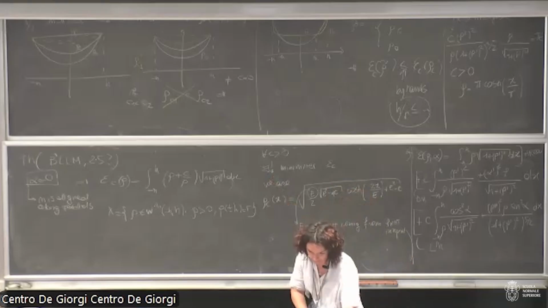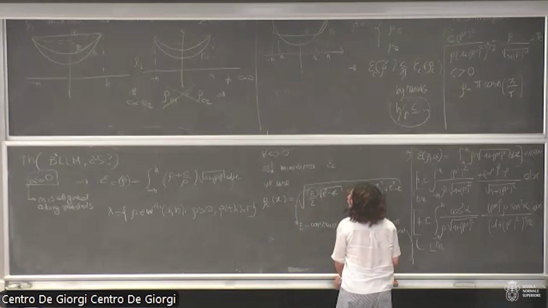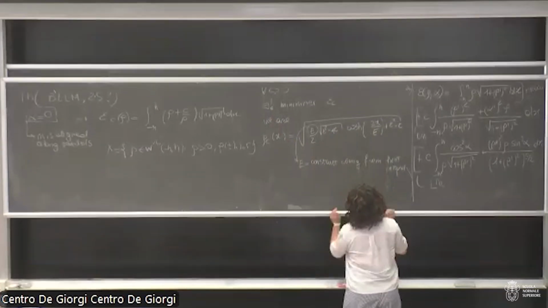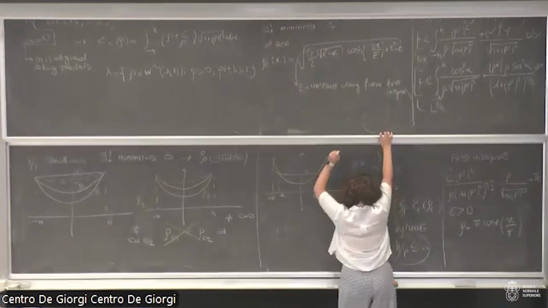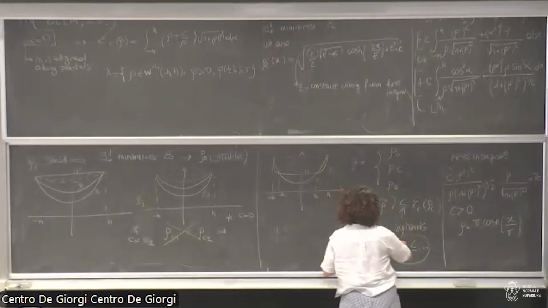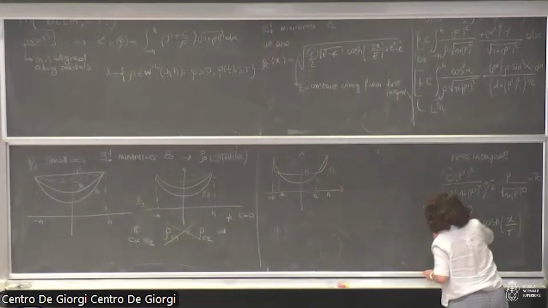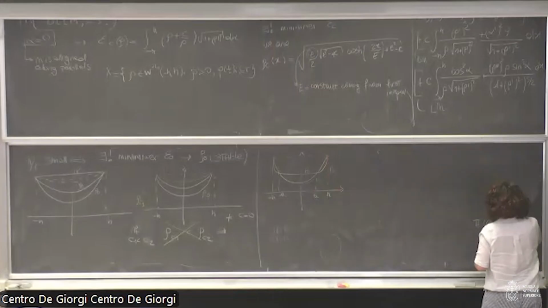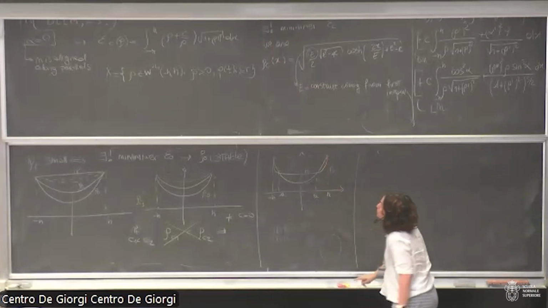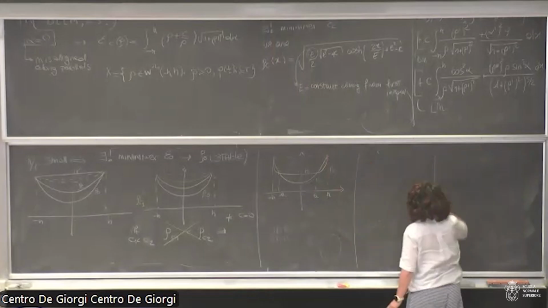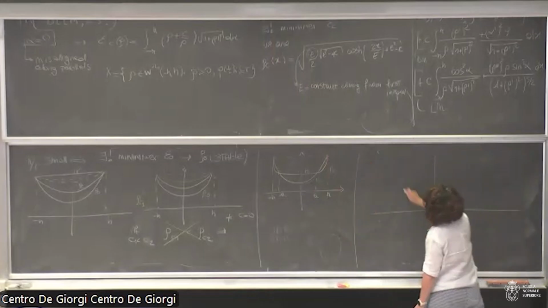I just wanted to draw the picture of the solutions, and I write here because you can compare the result on the covariant derivative with respect to the one that happens. So our solutions are exactly of this form.